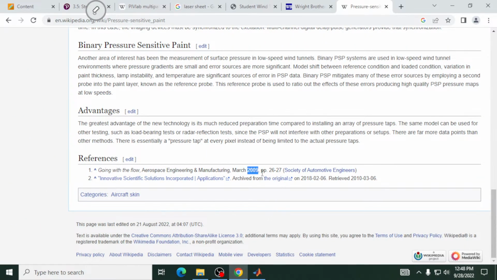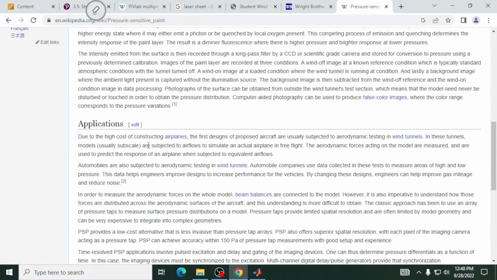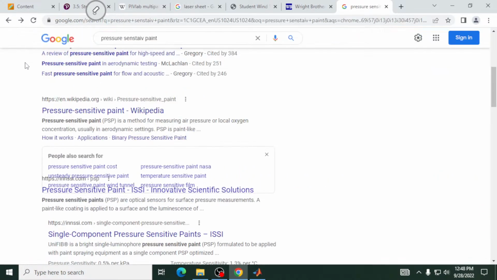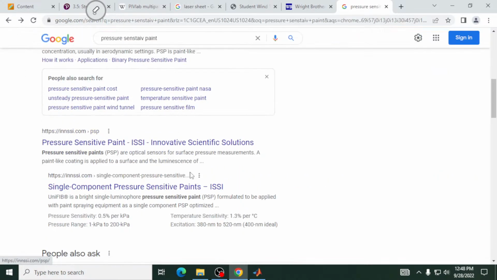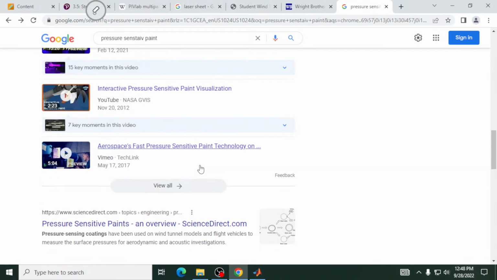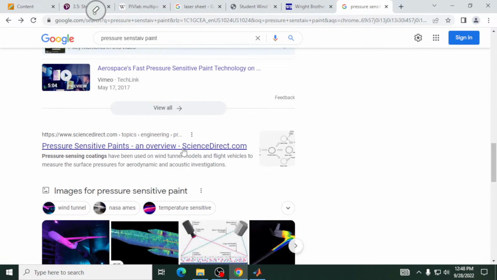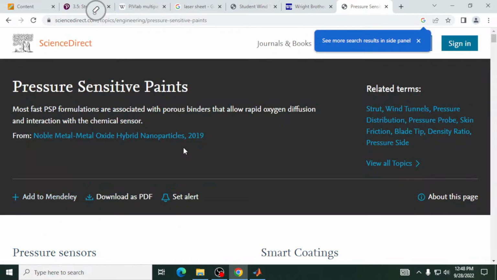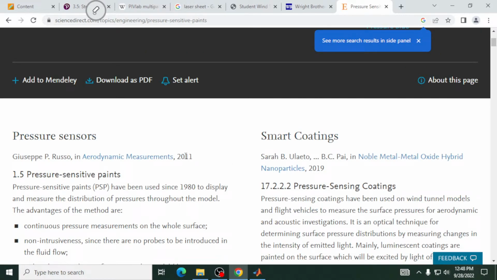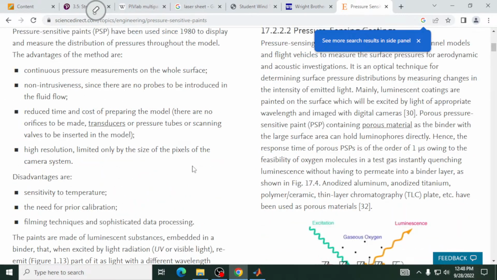Here's 2009. It goes back further than that. So this is not comprehensive at all. Pressure sensitive paint. How does pressure sensitive paint work? Science Direct. So let's see what we got there. This will be actual journal articles. This is 2011. It was a little bit before then.